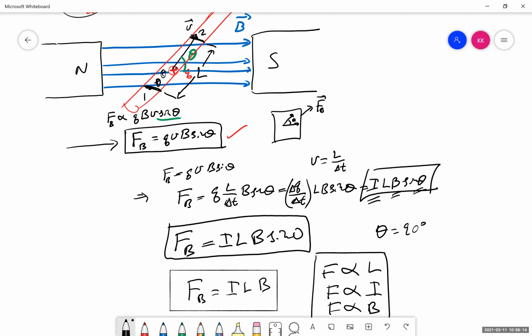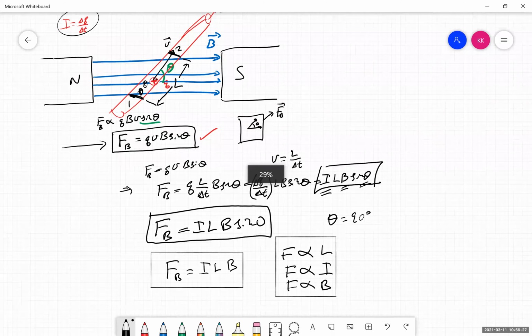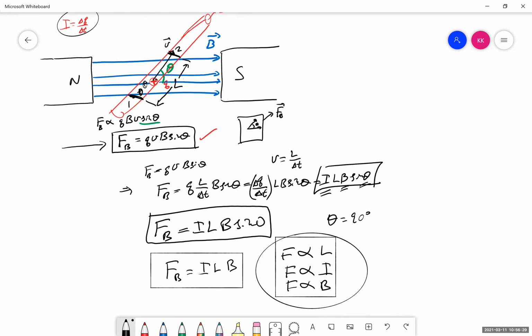Our experiment should allow us to verify that. All right, so let's go ahead and look at our experiment, where we are going to be verifying those things using this theory for the magnetic force on a current carrying wire.